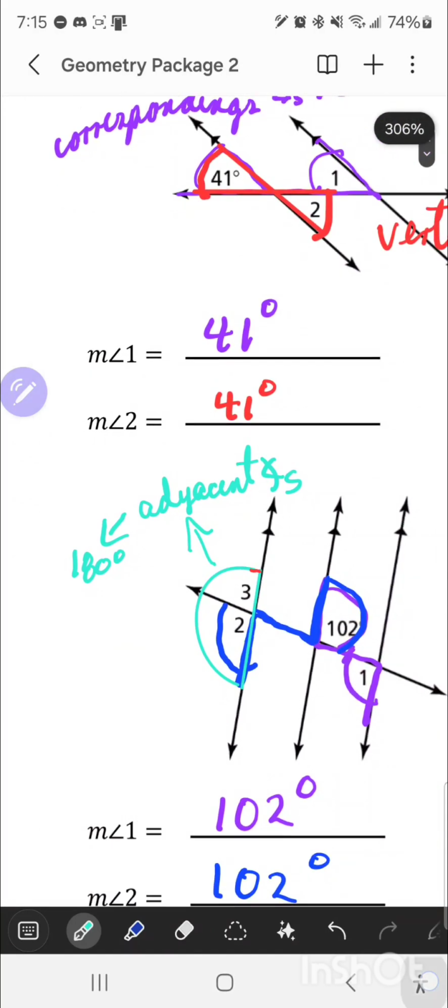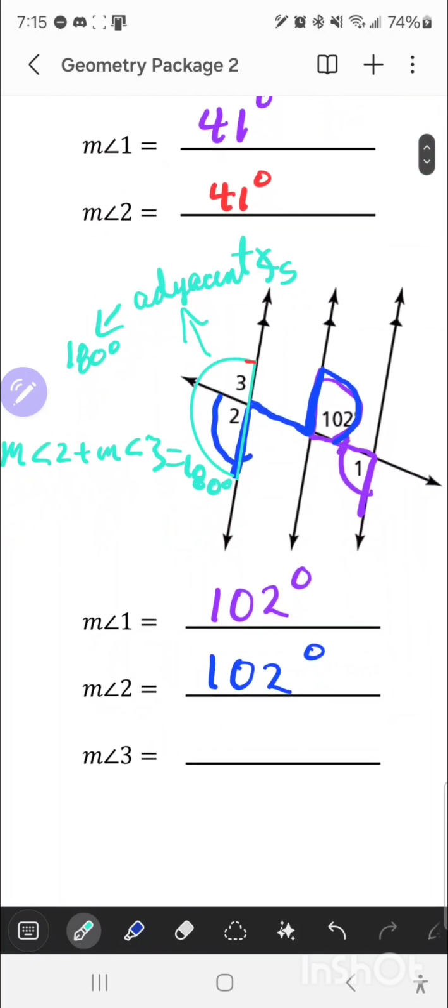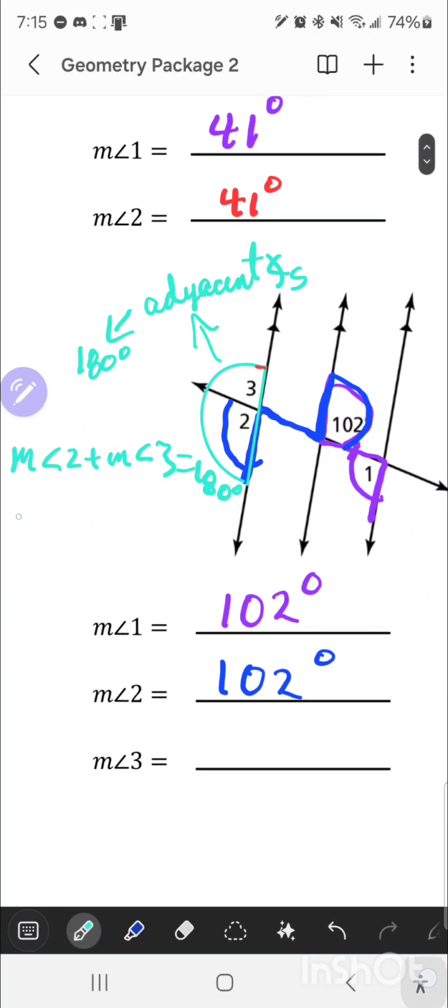So the measure of angle 2 plus the measure of angle 3 equals 180 degrees. Now I know the measure of angle 2 is 102 degrees. So 102 degrees plus the measure of angle 3 equals 180 degrees.